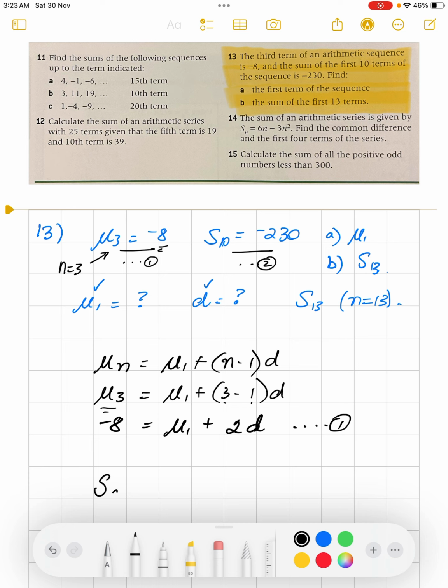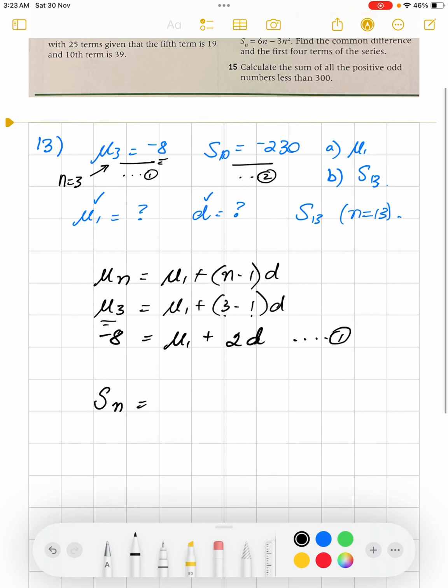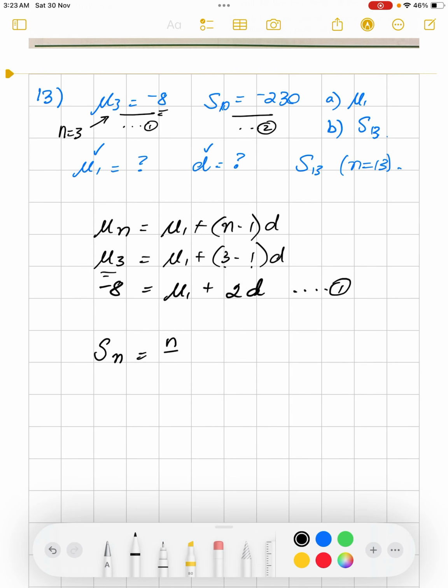Equation 2, we use the sum formula, and we are told that the sum is n over 2, the first term and the nth term. Now the nth term, we don't know the last term. So what we could do is use this rule here, that the nth term is the first term plus n minus 1 d, and we can come up with a second formula where you don't need to use the nth term.